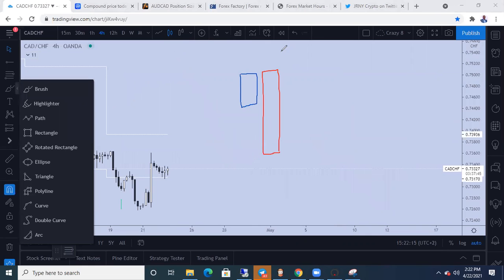Now, let's say for the sake of this illustration, our PE, preferred entry, happens to be here. What I would usually do is wait for price. Besides just price invalidating, I would love for price to go up and actually violate this region and then close above.